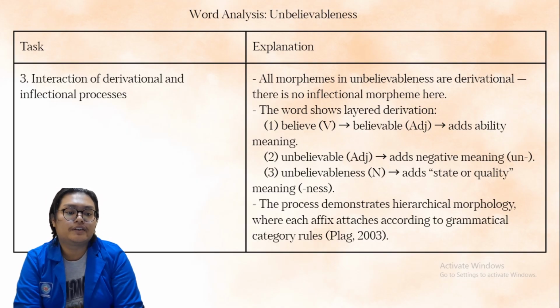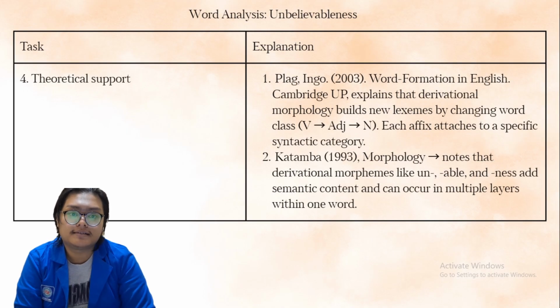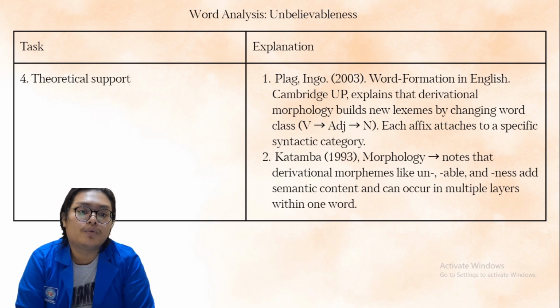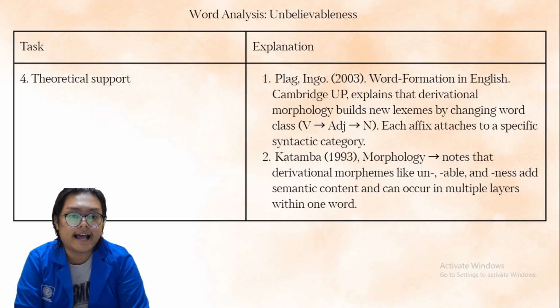The process demonstrates hierarchical morphology, where each affix is attached according to grammatical category rules. Theoretical support: my explanation is based on theory from Plag, Ingo, 2003, Word Formation in English, Cambridge University Press, which explains that derivational morphology builds new lexemes by changing word class, for example from verb to adjective, or verb to noun.